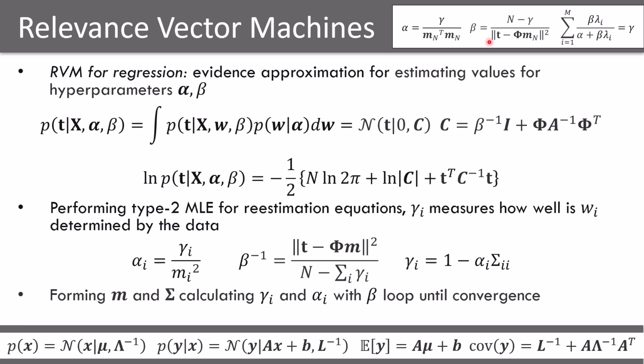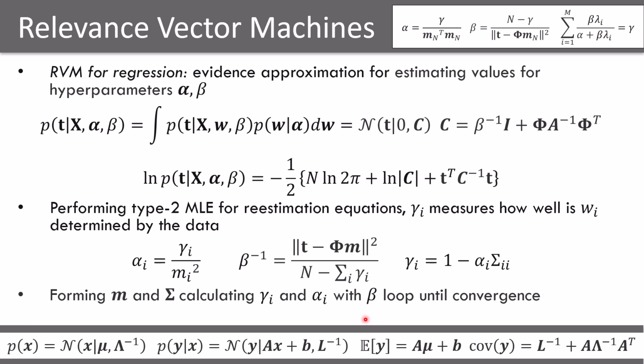Then, once we have calculated alpha and beta, we again calculate our mean and sigma values, and we perform several iterations of this process until we converge to a stable representation both of the mean and the variance, and also the associated hyperparameters. With that we maximize the model evidence, and we have the hyperparameters estimated which fit our data the best.